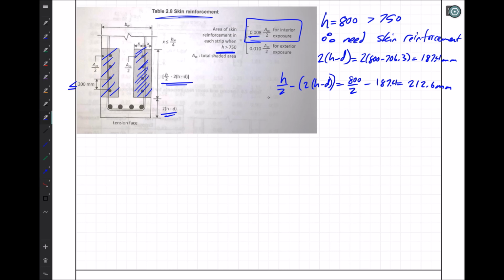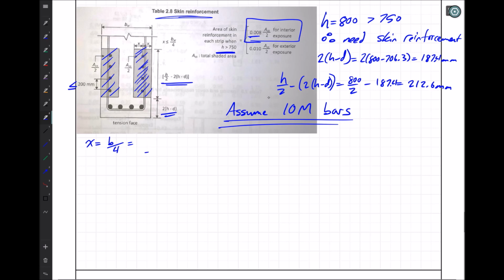Now, generally, we don't need much steel there, so we're going to assume 10 M bars, and this is almost always going to be the case. Sometimes 15 M bars, but almost always 10 M bars for skin reinforcement. And then we're going to calculate that value of X. X is going to be equal to the distance from the edge to the center of those 10 M bars.